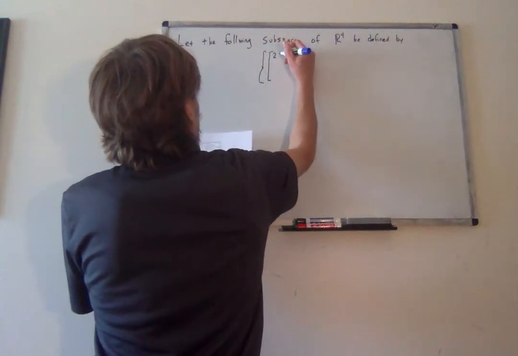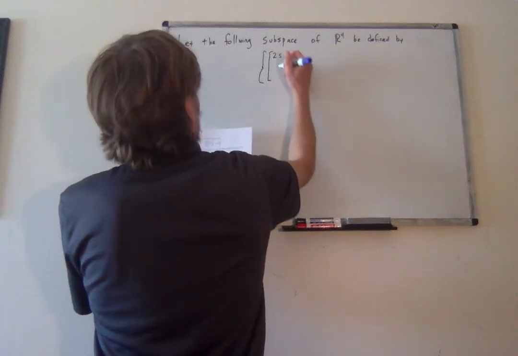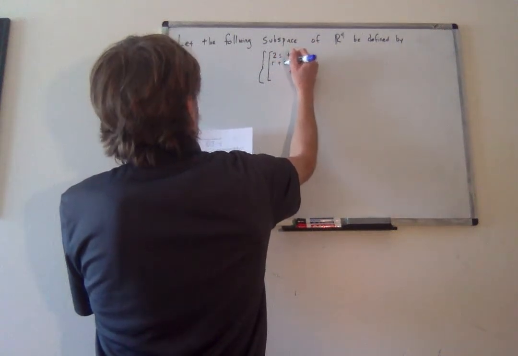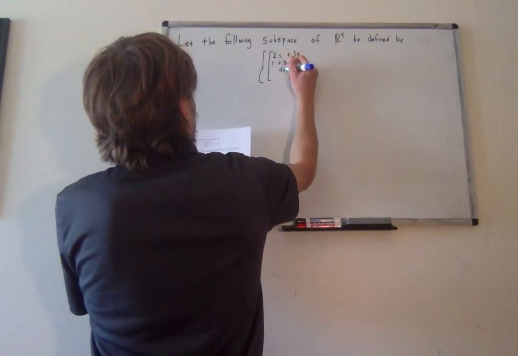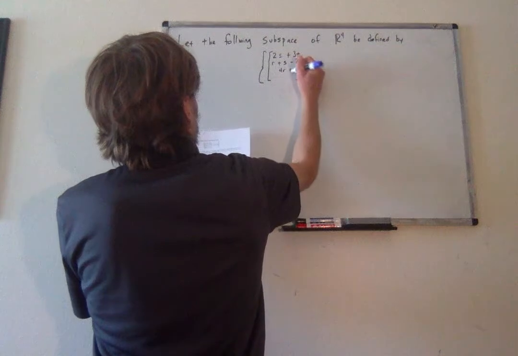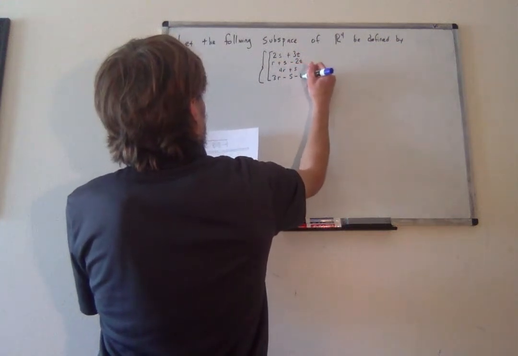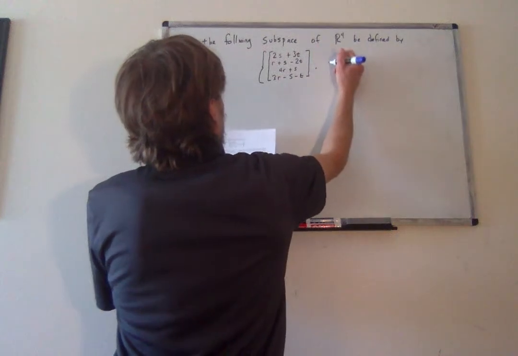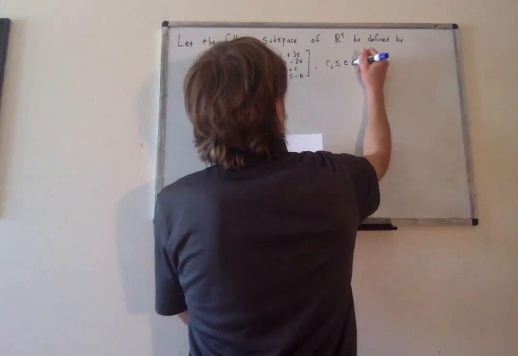So all vectors whose entries are 2s plus 3t, r plus s minus 2t, 4r minus s plus s, excuse me, and then 3r minus s minus t. And we're assuming that r, s, and t are all real numbers.